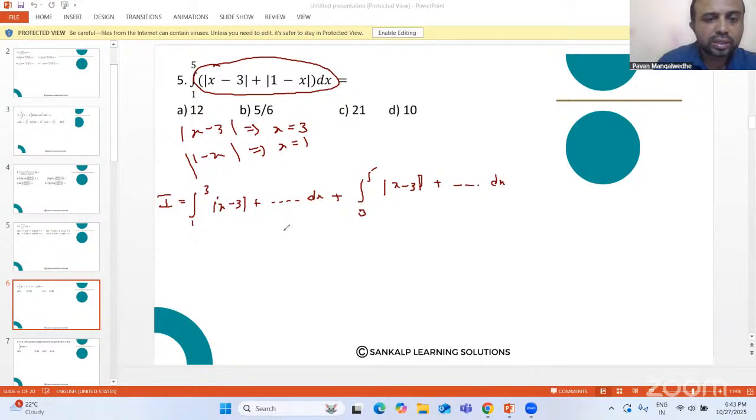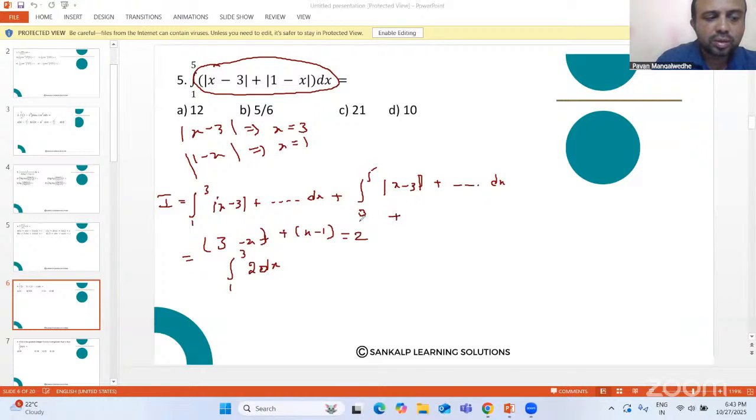Integrating this between 1 to 3, we will get 3 minus x plus x minus 1, which is 2. So it is the integration from 1 to 3 of 2 dx.